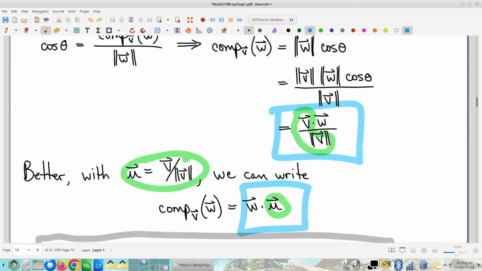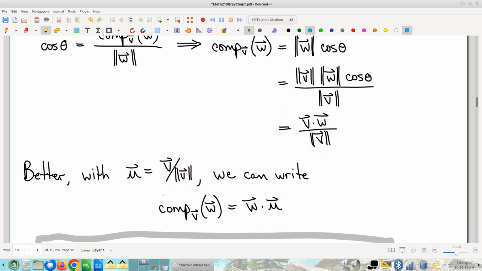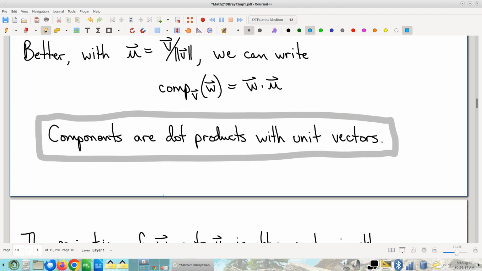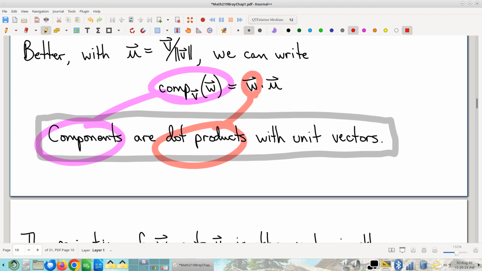Much simpler. And this actually, I think, really does roll off the tongue very nicely, and that's what I have right here. So components are dot products with unit vectors. Nice and pithy. Right, so nice application of dot product, nice application of the idea of a unit vector.